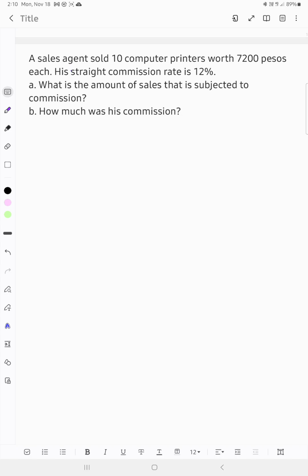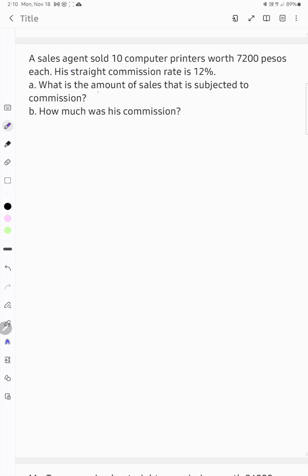In this case, we want to work out the commission. When you talk about the sales amount, it depends on the number of units being sold. So let's go with letter A, the total sales. How do we compute the total sales?